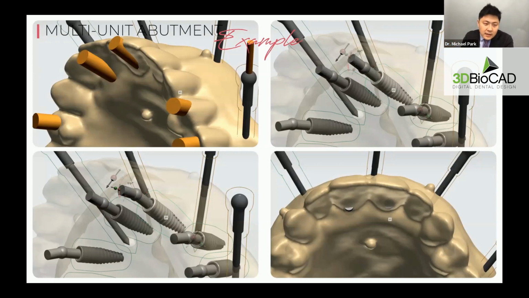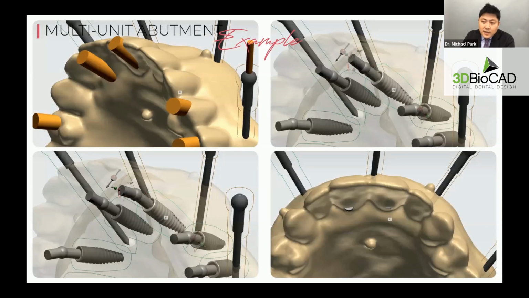If you look at the picture on the top left, you'll notice that on tooth number 9, the screw access hole is coming out straight on the incisal edge of that tooth. Obviously that's not very good aesthetically because that will show. So what we can do in the software is position the abutment and angulate it by 17 degrees or 30 degrees, depending on how much you need corrected.